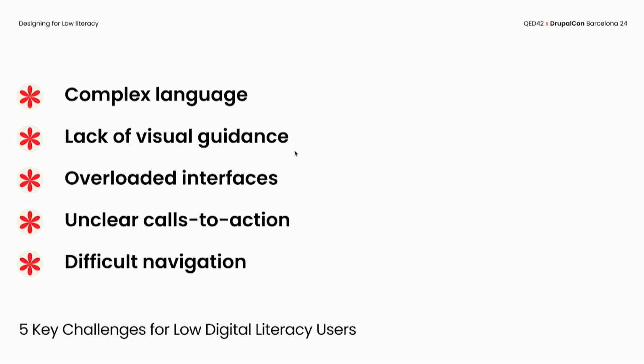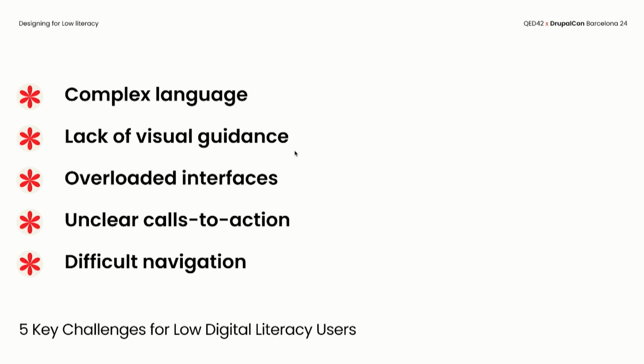So the 5 challenges are, first, complex language: technical jargon and fancy words can make the website look beautiful, but users might face difficulty understanding them. Second, lack of visual guidance: not giving them a step-by-step guide on what the platform is about, and not giving them visual clues to understand.